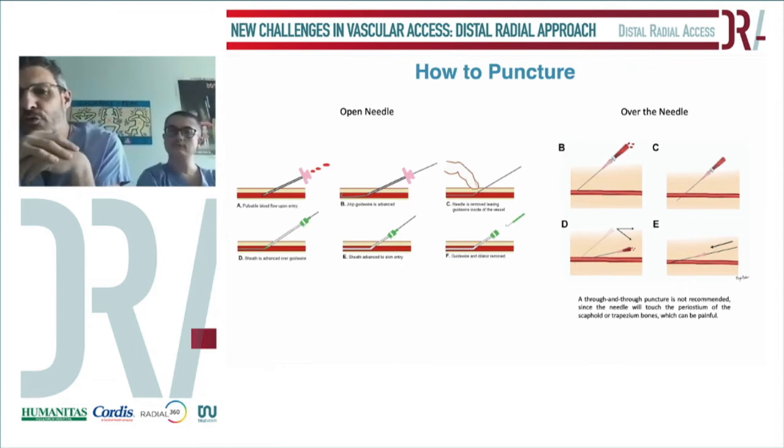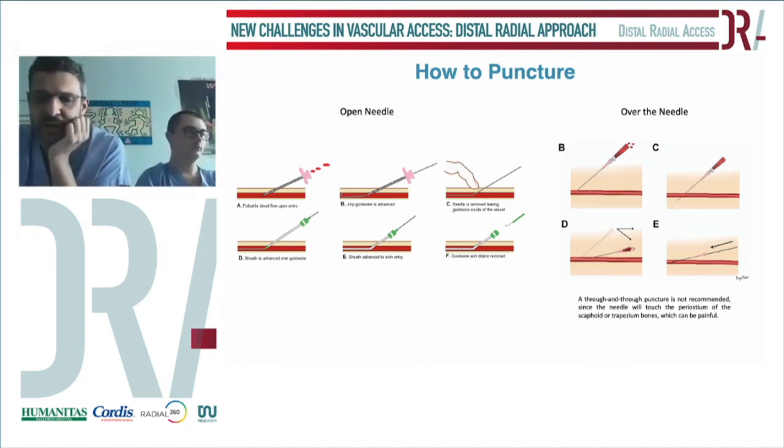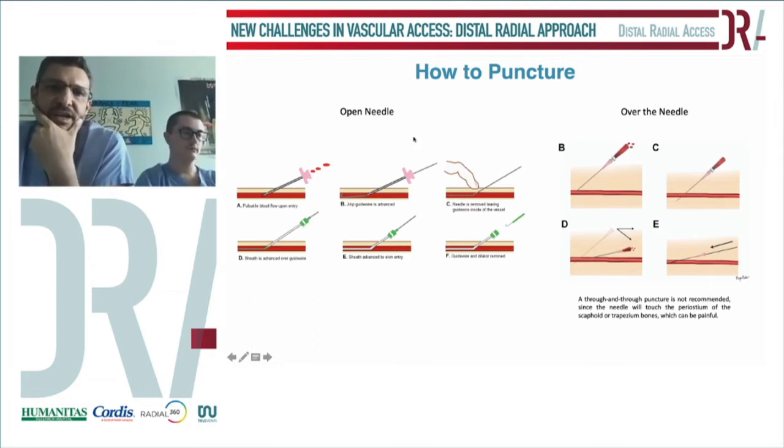A true puncture is not really recommended in this approach, since the needle will touch the periosteum and could be very painful for the patient. So the suggested technique is the open needle technique.